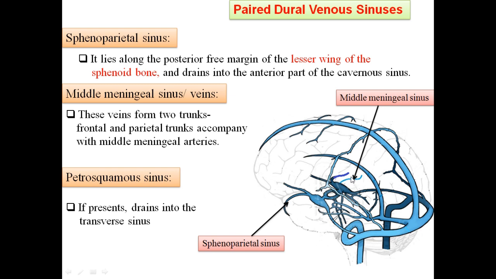These two trunks correspond with the middle meningeal arteries. And the petrosquamous sinus is a fetal vein. It disappears by birth. If it is present, it drains into the transverse sinus.